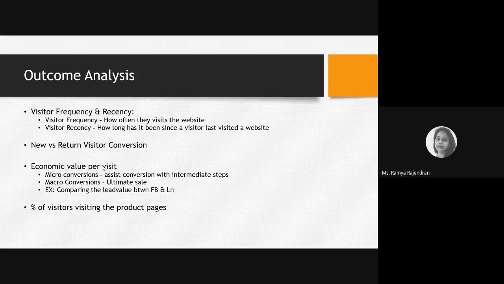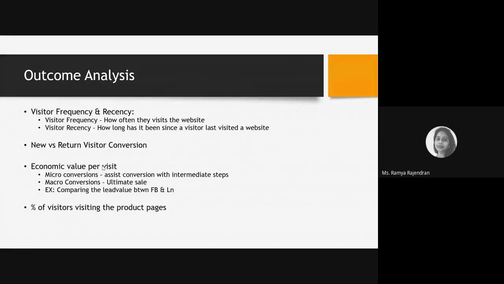Next is new versus return visitor conversion. One must keep an eye on how many new visitors they have in comparison to returning visitors. If a website has very few returning visitors, it means the users lack loyalty. To improve first-time visitor conversions, one has to observe their activities separately from the conversion rates.